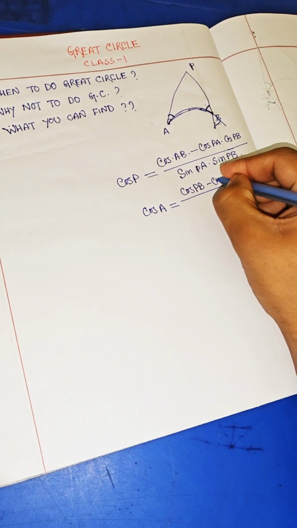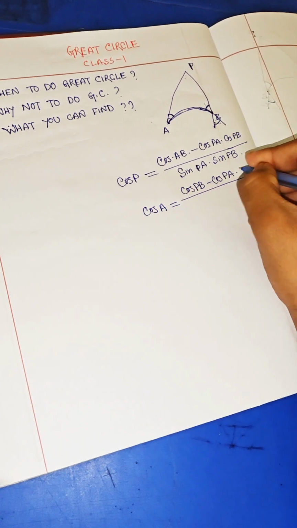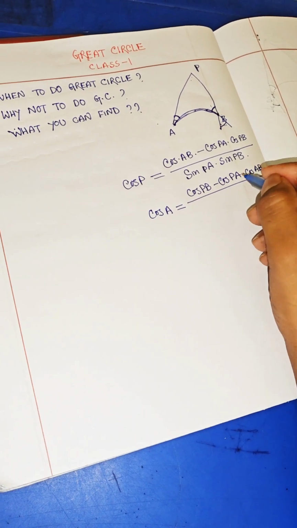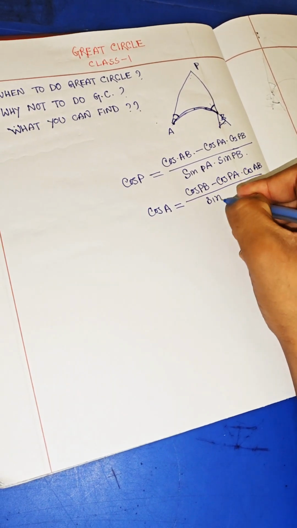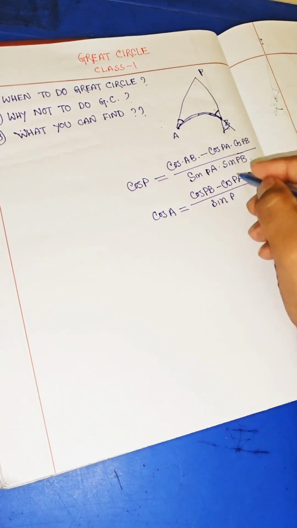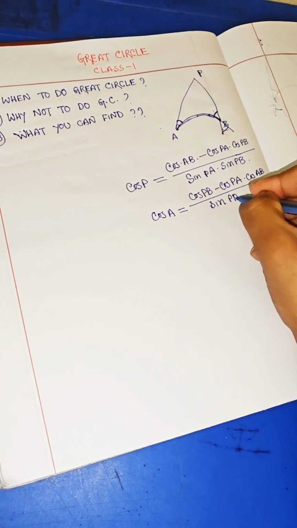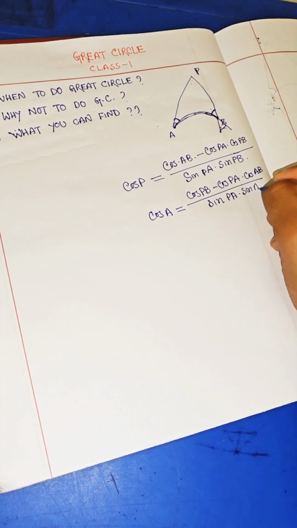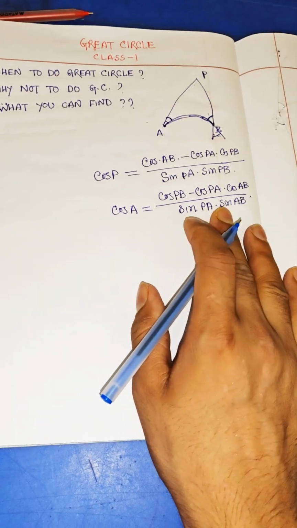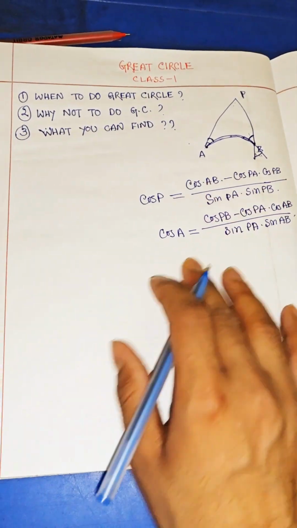Adjacent side is cos PA into cos AB, correct, divided by sine of adjacent side, so sine PA into sine AB. Understand this one guys? I think this much you understand how I do this one.